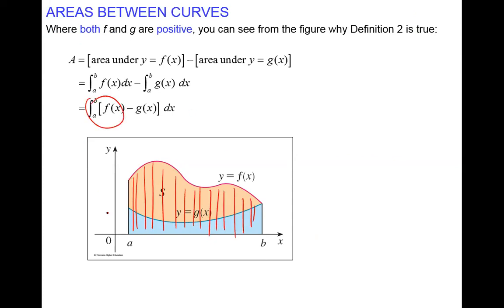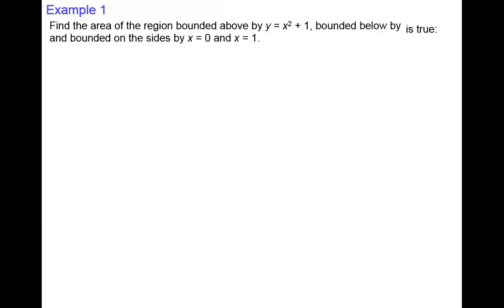This is this part, and then I'm subtracting the area under g of x, which means I'm subtracting this part. The only thing that stays is the yellow part, or I can say the golden part, the area between f and g. That means this is definitely the true definition.